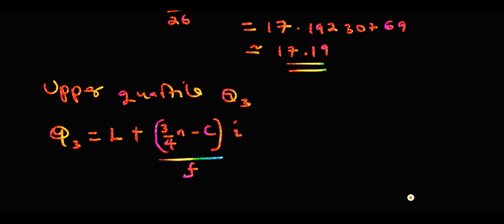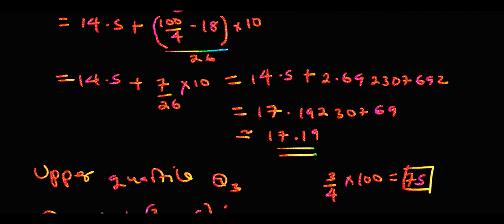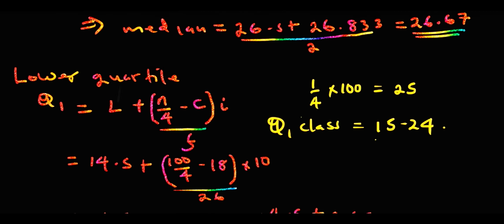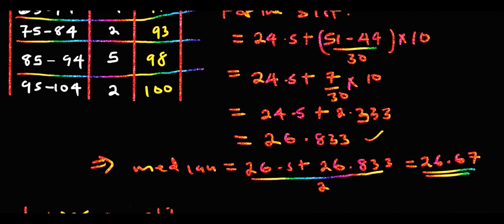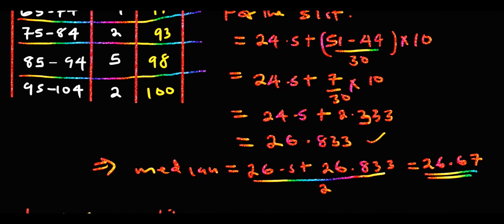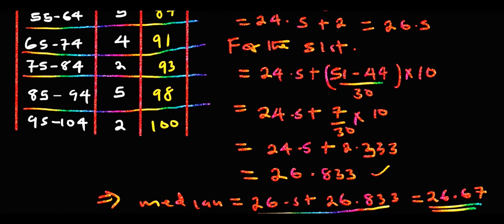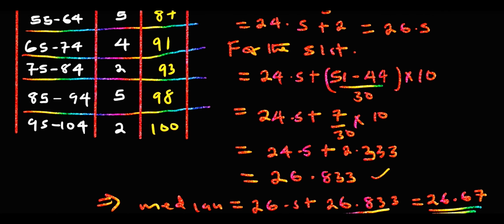First of all, let us identify where the Q3 lies. So we have 3 over 4 of n, and n is 100. You found that to be 75. So we look at which class does 75 lie from our table. Let us just slide that down and identify where that particular farmer lies.